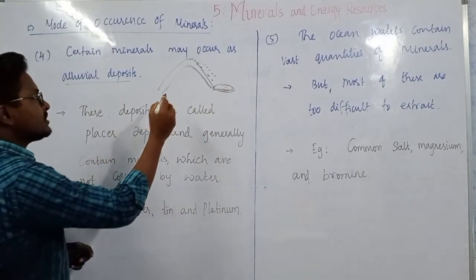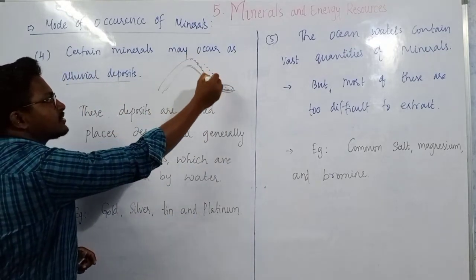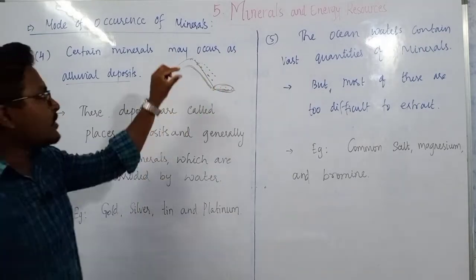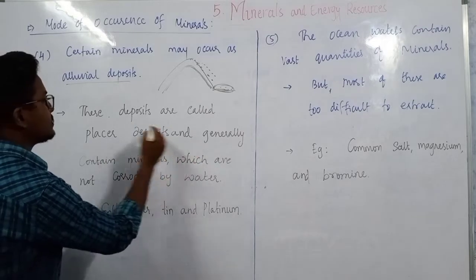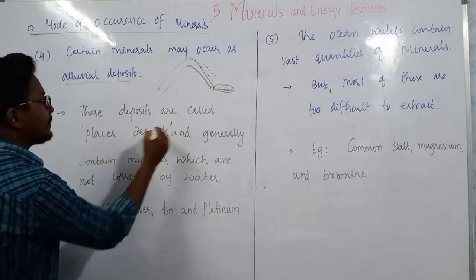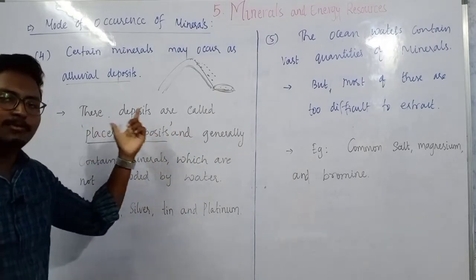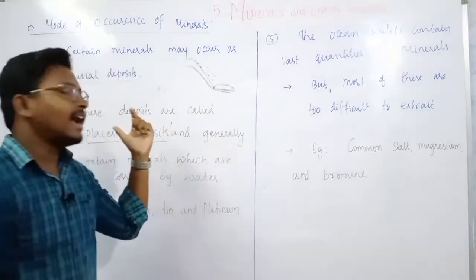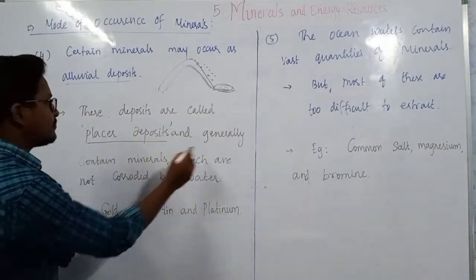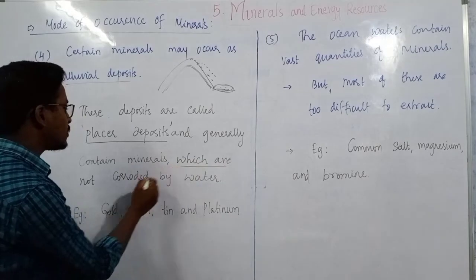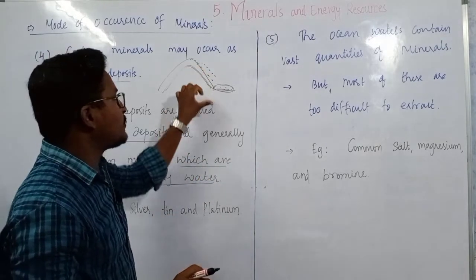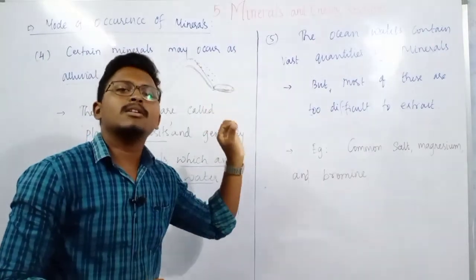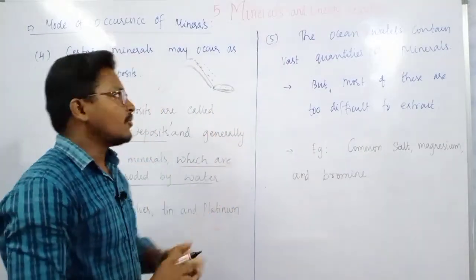Since these minerals are moved from one place to another, they are also known as placer deposits. Generally, the minerals formed in this manner are not corroded by water.